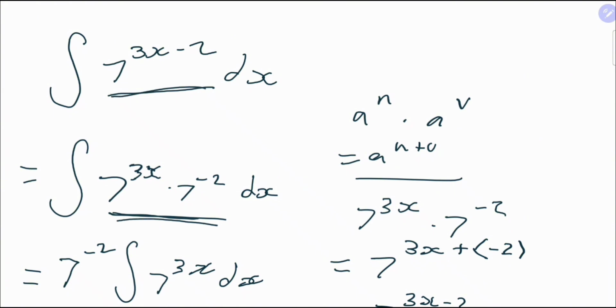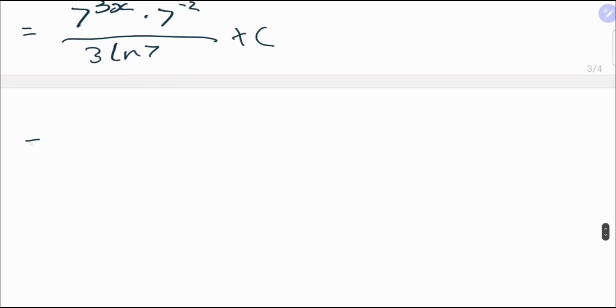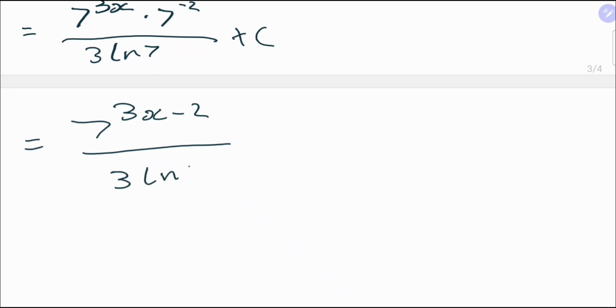So it equals 7 to the 3x minus 2 over 3 natural log 7 plus c.